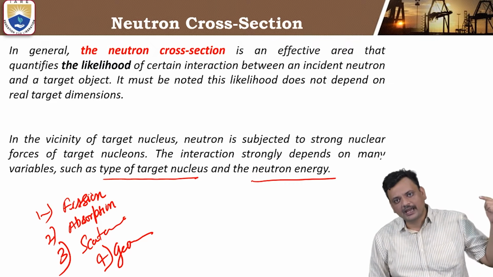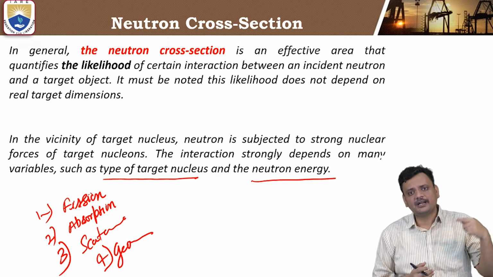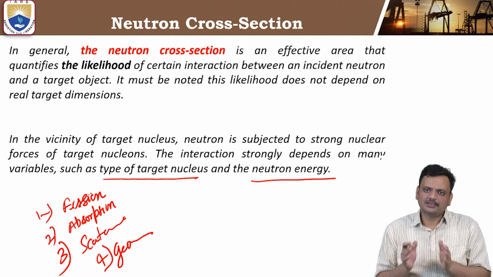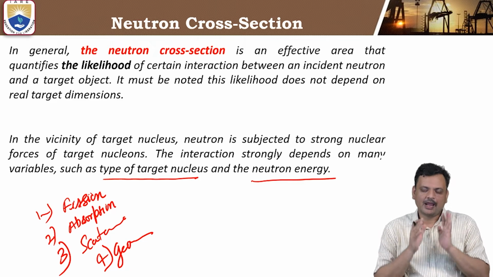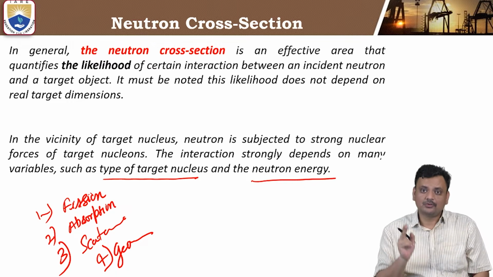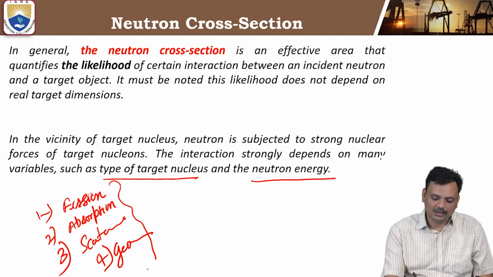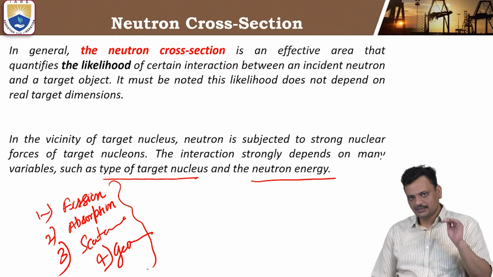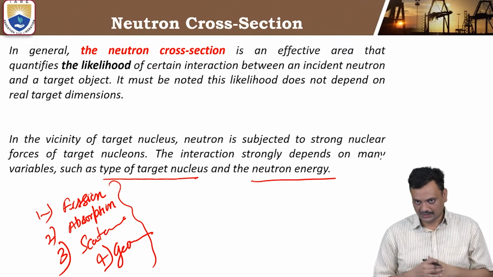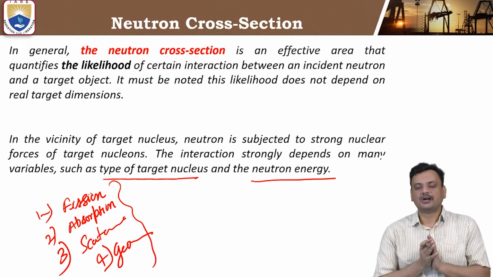And what is the energy of the incident particle? Here I consider the incident particle as a neutron. So what is the energy of the neutron and what type of target you have chosen? Those two things govern these phenomena, meaning fission, absorption, scattering or geometrical collision.